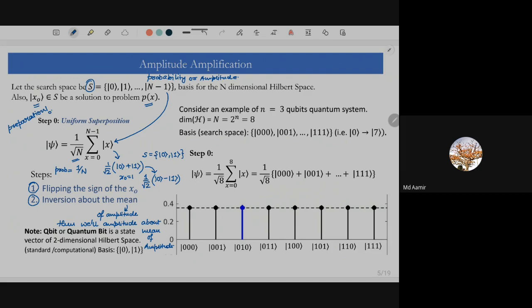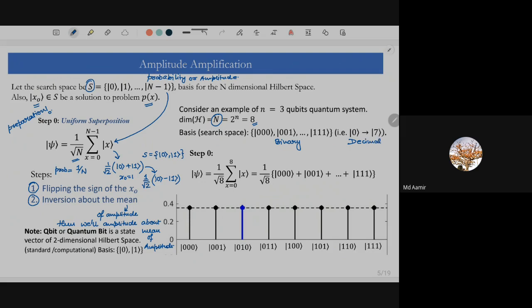We have this n equals 3 qubit quantum system. The number of possible combinations that we can have is 8, that is 2 raised to n. Here are all the possible combinations. This one is the binary representation and this one is the decimal representation.